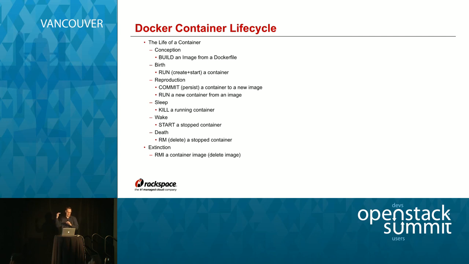So if you have a container and you've killed the processes inside of it, you can do an RM, which says take away the namespaces and take away the cgroup and take away the file system, just discard everything. And then there's extinction. Extinction is, I don't care about the image that I used to create this container to begin with. Get rid of that too. So if you've gone all the way through kill and RM and RMI, you are back to a nothing state again.